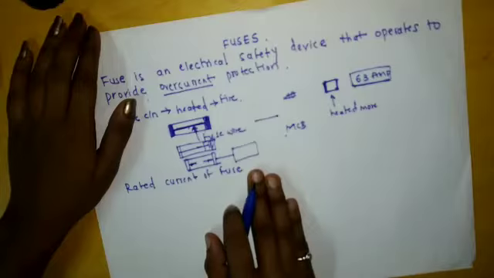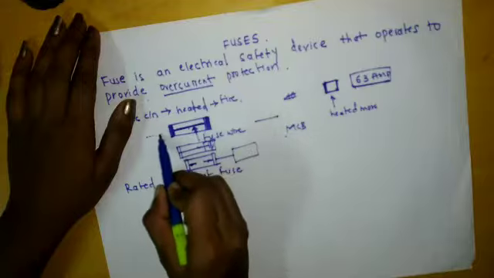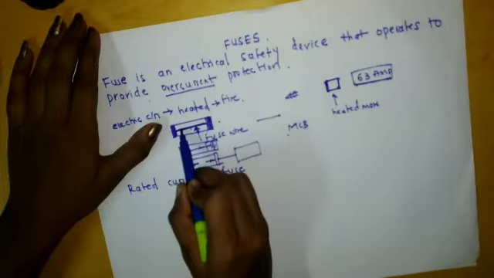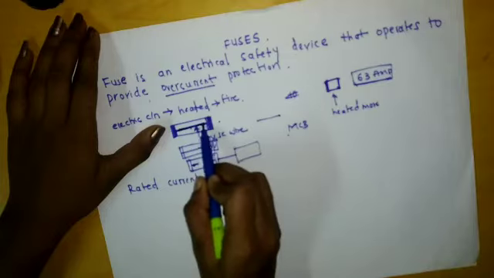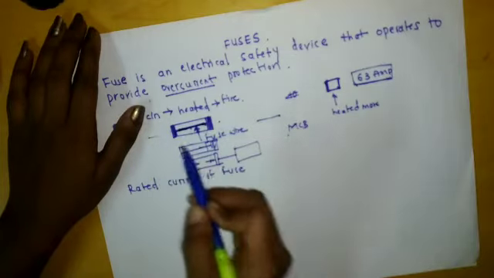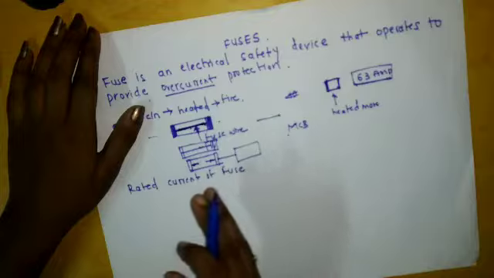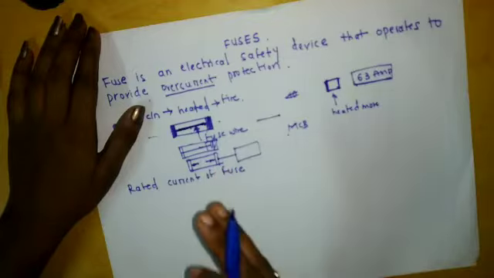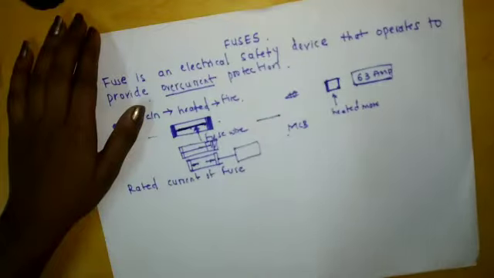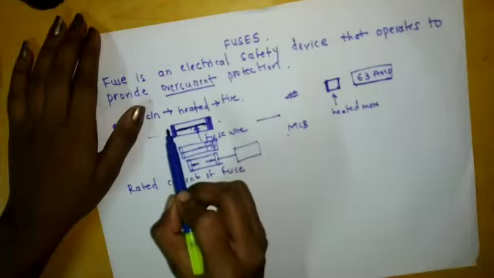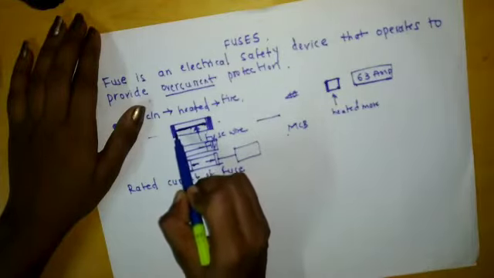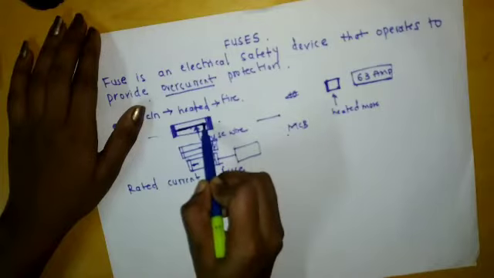That means the current flowing through this fuse will not melt this wire or overheat this wire. This current is called the rated current of the fuse. The current which will not overheat or melt the fuse wire, which will carry this current safely.